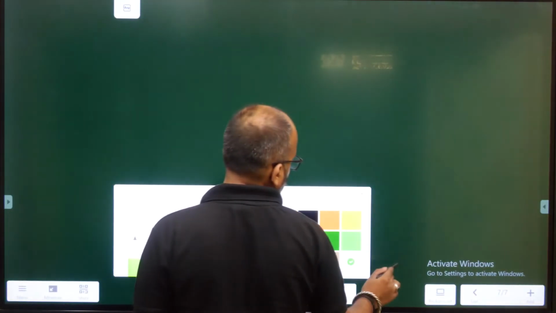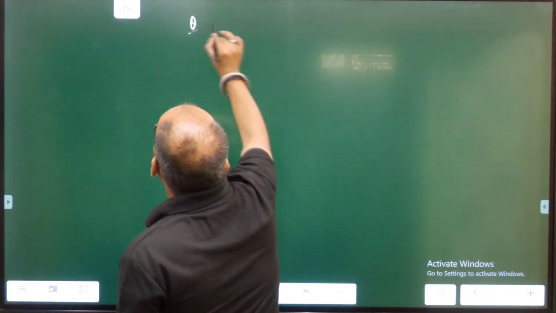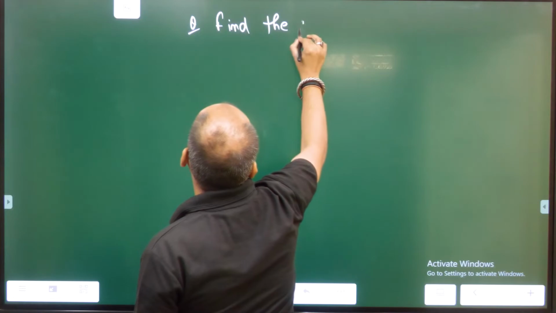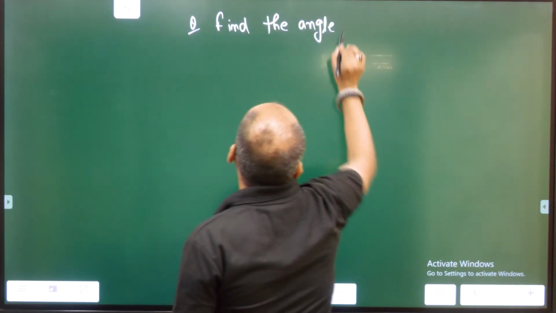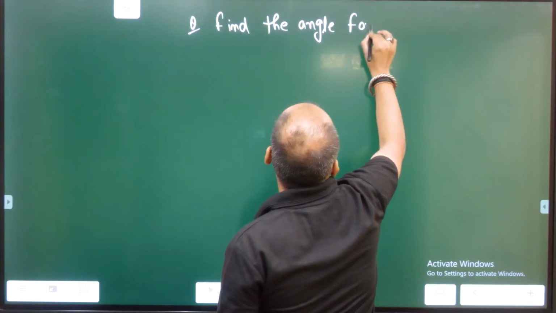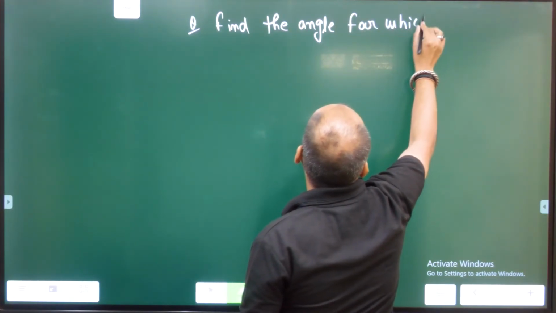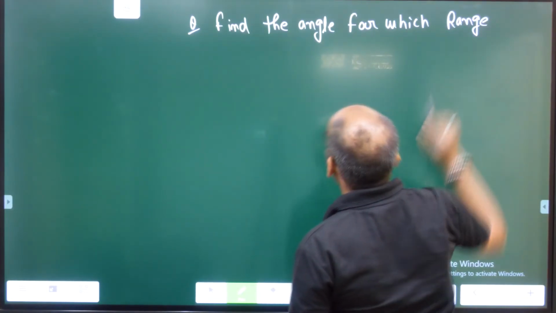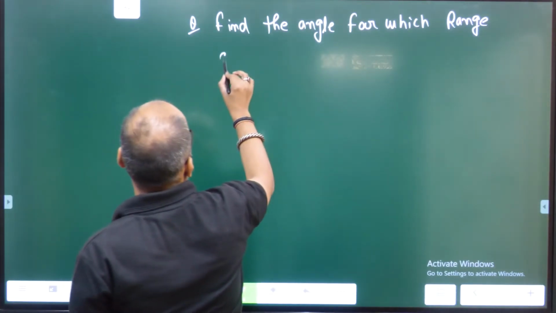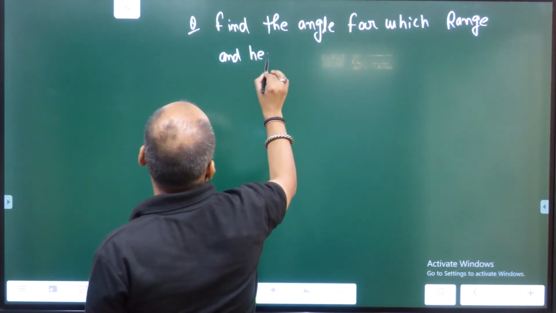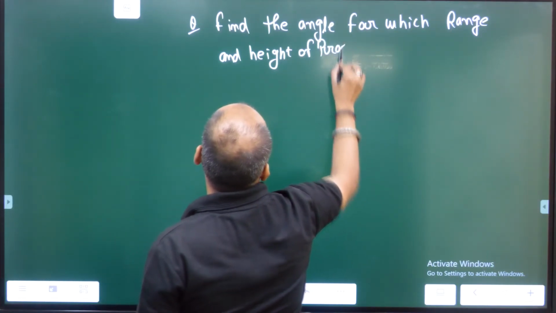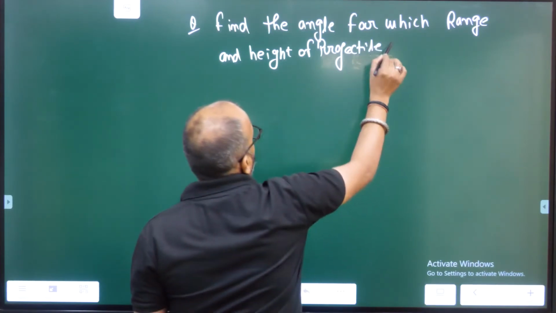Moving on. Now solve the questions. Find the angle, very popular question, for which range and height of projectile are equal.